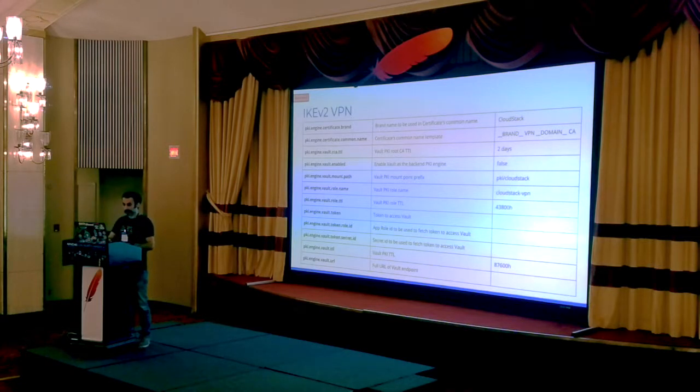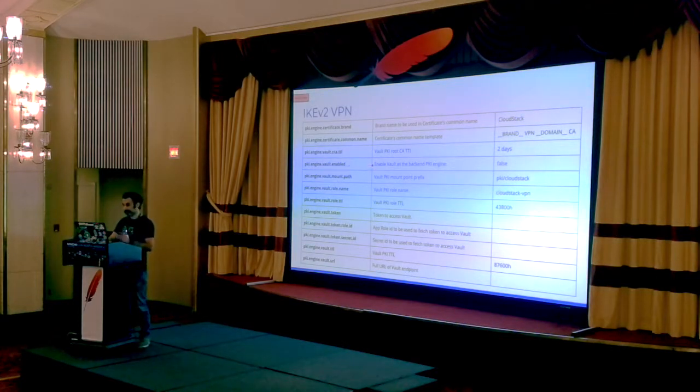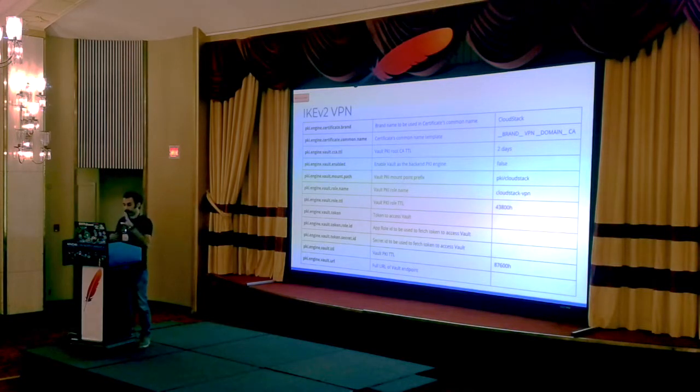As part of this, all sorts of different configurations were added. This is going to be discussed again in the mailing list, because the way we designed it, you can cut over from L2TP to IKEv2 but not use Vault as a backend engine, because we already have the existing CA framework inside CloudStack.